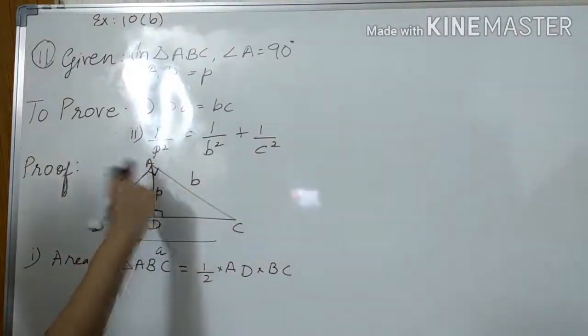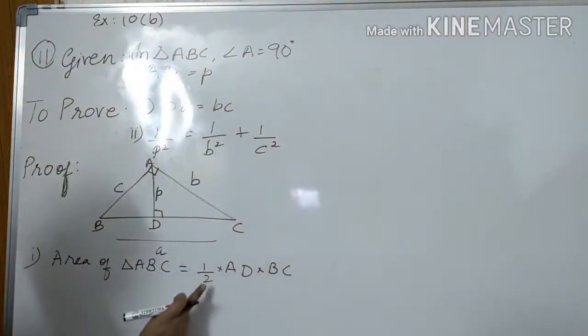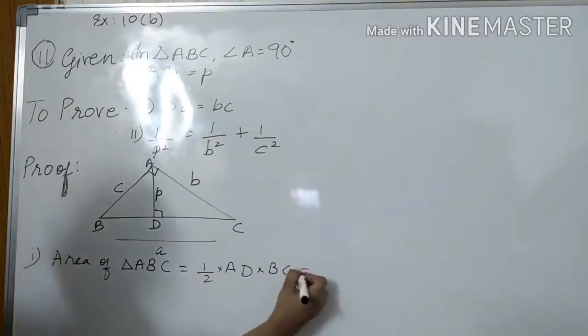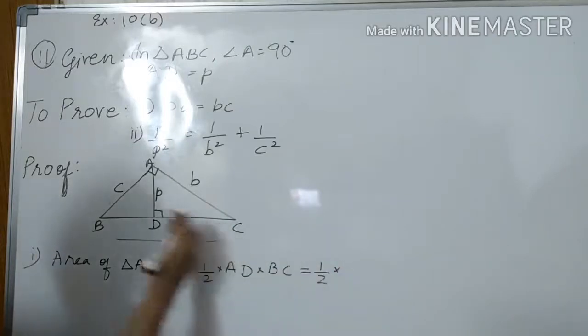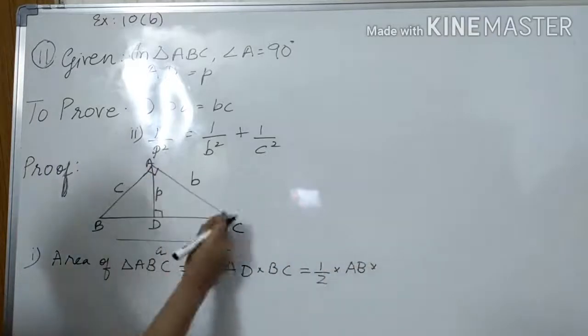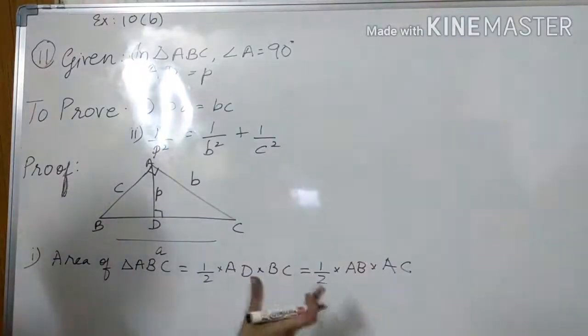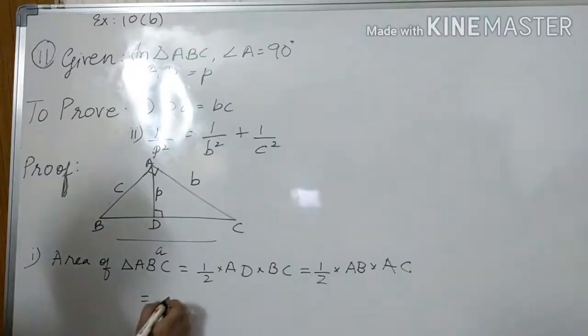Means here two 90 degrees are there. So we have two possibilities. One is half AD into BC and is equal to other is AB is the base and AC is the height. So we can write this equal to this because they both are lying in the same triangle. Here, now I place the values.